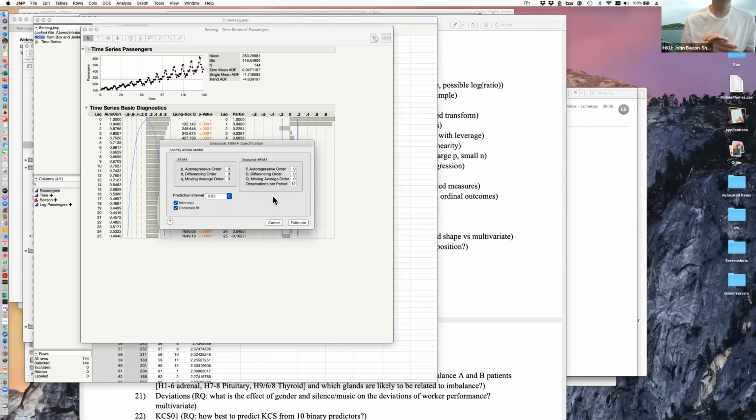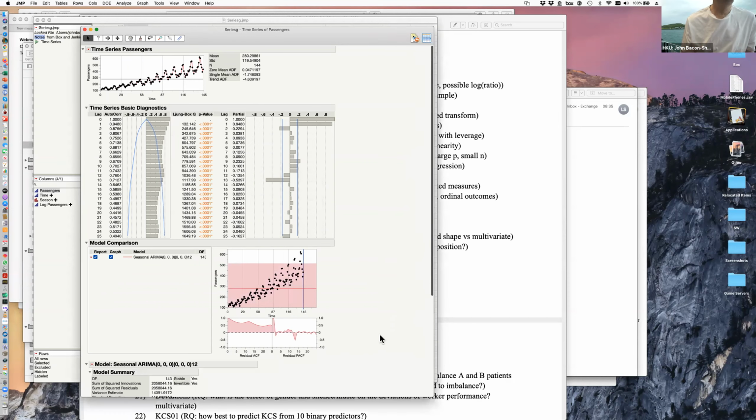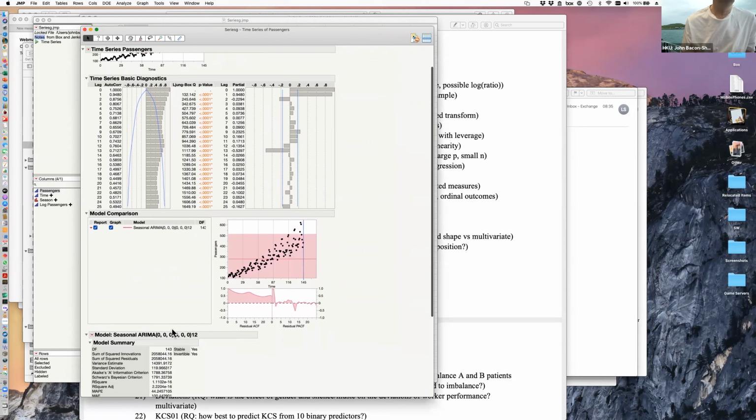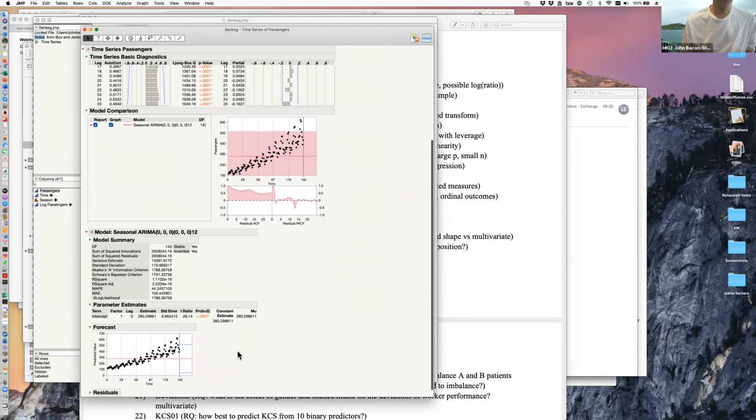We're not going to put the other terms in for now. We just do the simplest one, which says no autoregression, no differencing, no moving average, just observations per time period. So we can now, in our graph, show the seasonal effect.